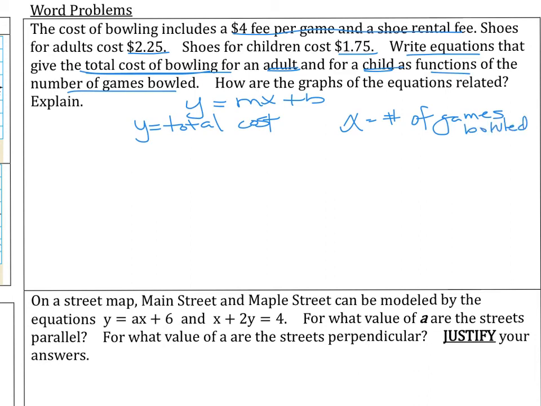Now we need to find two different equations here, one for an adult and one for a child. So for the adult, the changing variable is $4 per game, and the fixed cost is $2.25.